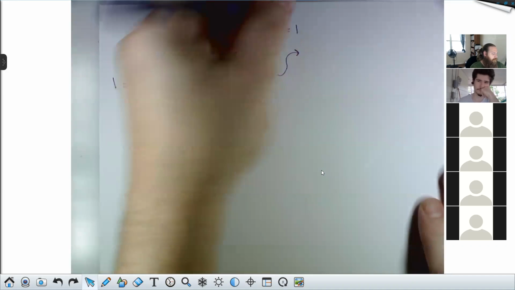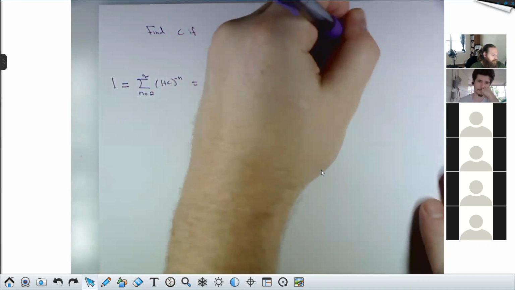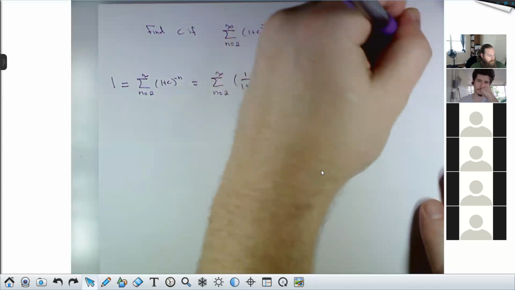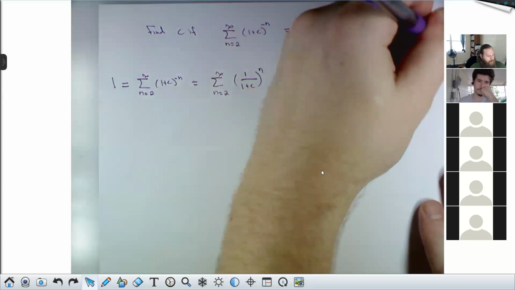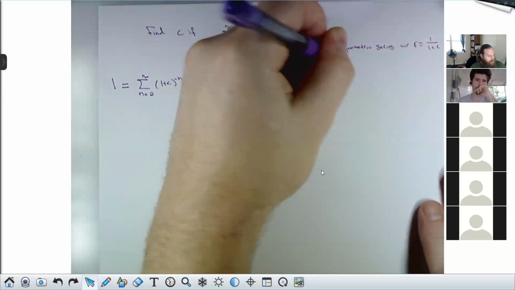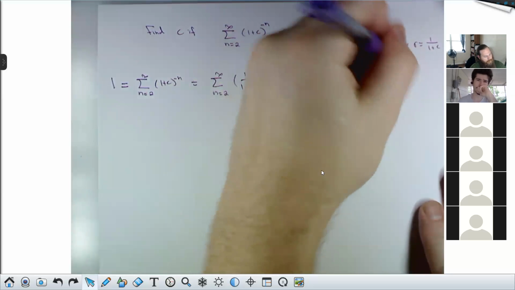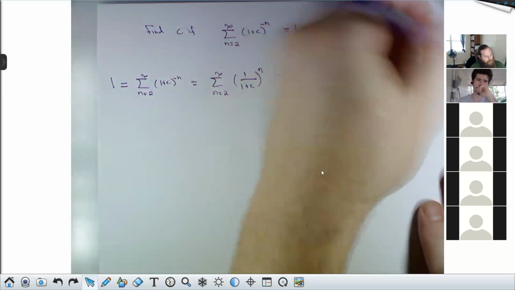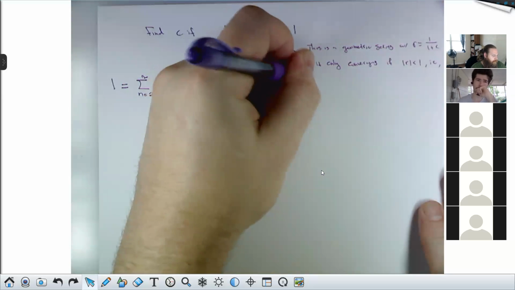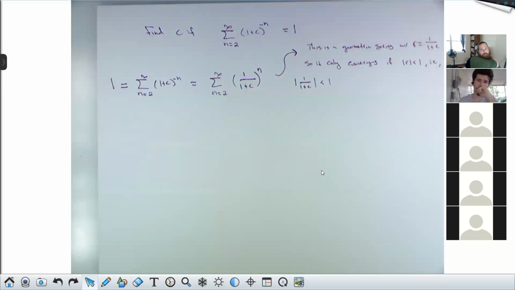Let's come up here for a second. This is a geometric series with r equal to 1 over 1 plus c. So it only converges if the absolute value of r is less than 1, i.e., the absolute value of 1 over 1 plus c is less than 1.